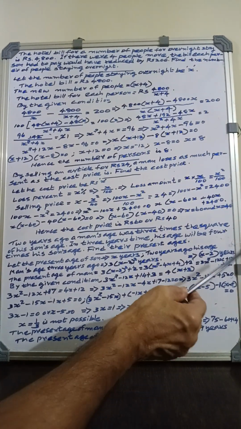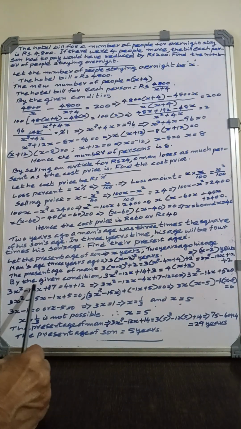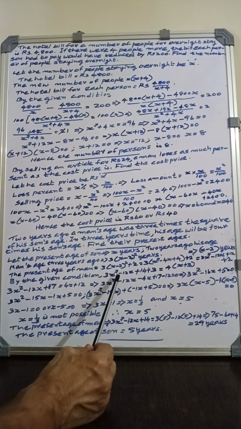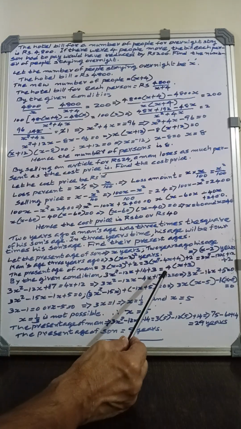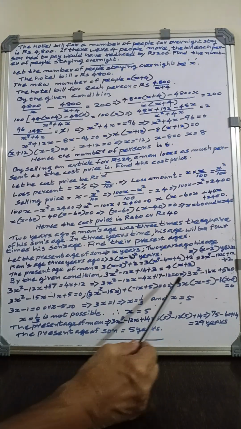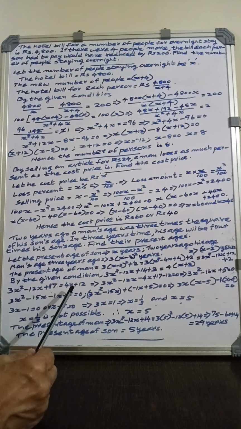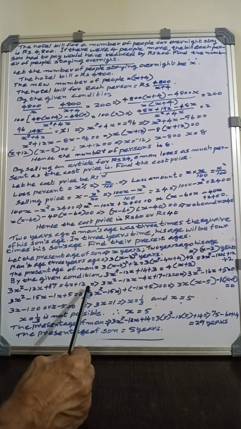That is 3x squared minus 12x plus 12 plus 2. By the given condition, 3x squared minus 12x plus 14 plus 3 equals 4 into x plus 3. That is 3x squared minus 12x plus 17 equals 4x plus 12.